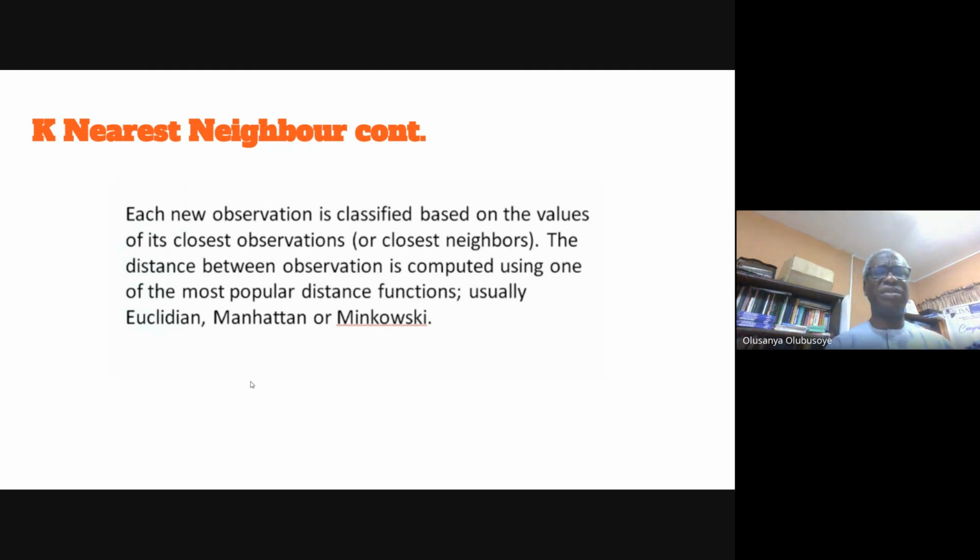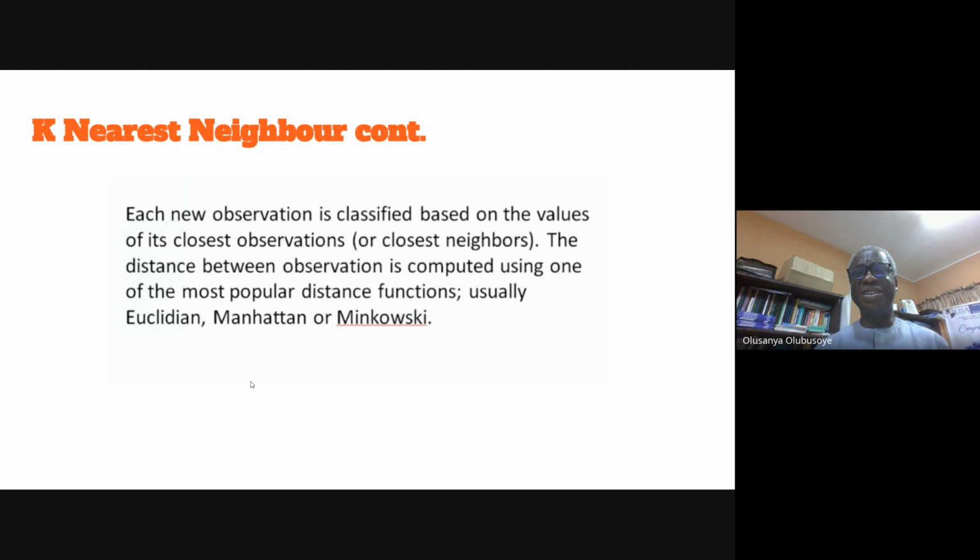But this approach will do the classification based on the closest observation. And I will explain that more. Because it's based on the closest observations, we say the closest neighbor. So if I want to predict a person's location, I will look at his closest neighbor. Whom does he work with or relate with?